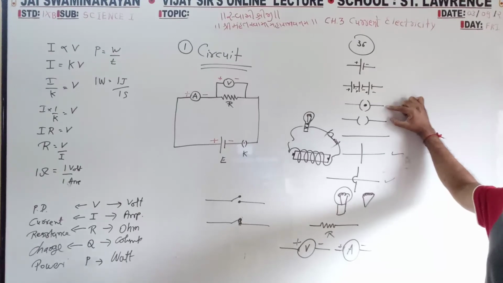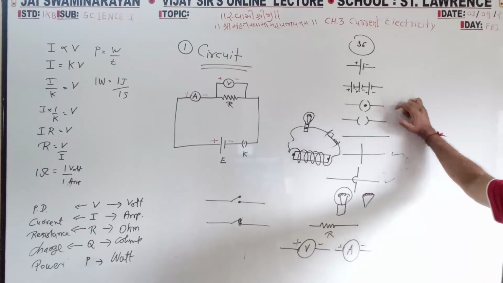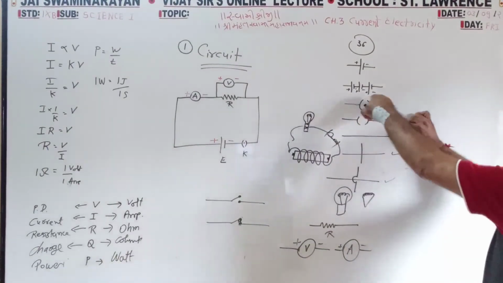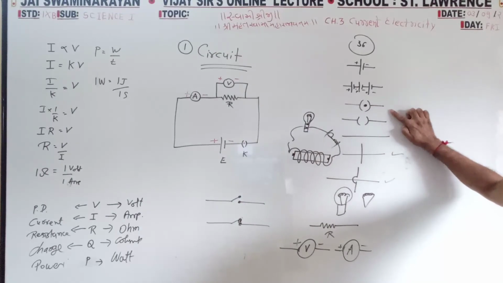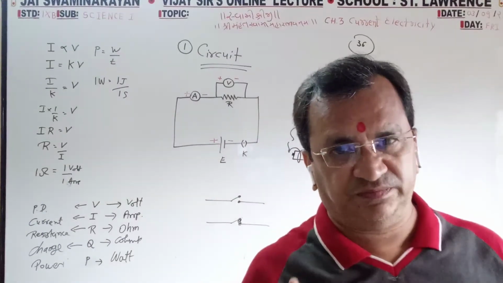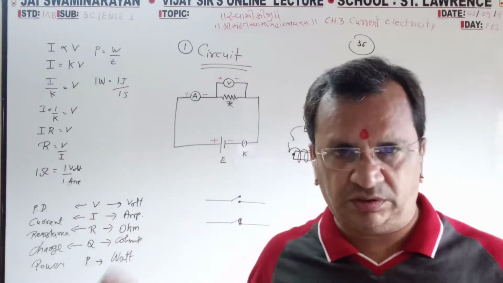Close switch, open switch, or switch on, switch off. Switch off means the plug we have taken out, switch on means the plug we have inserted. Plug switch you have to write. Plug in, plug out.